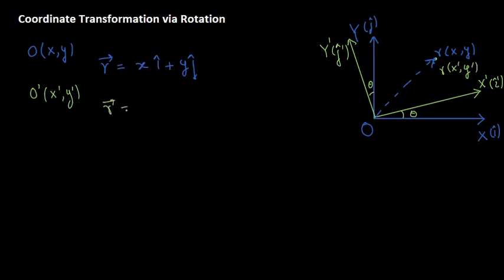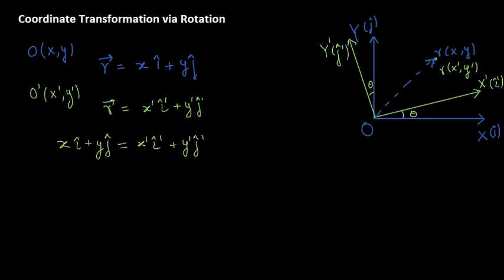So this r vector will be written as x prime i prime plus y prime j prime. Because the vector is the same for both, we can write x i cap plus y j cap is equal to x prime i prime plus y prime j prime.